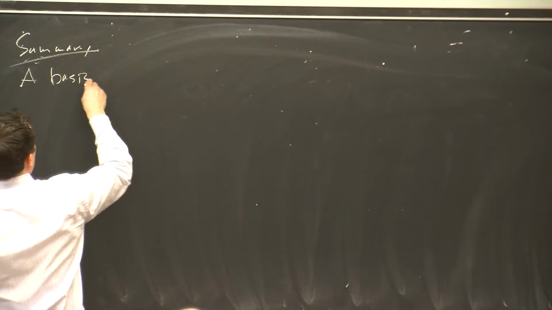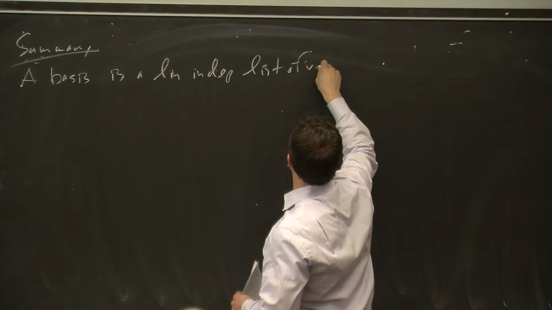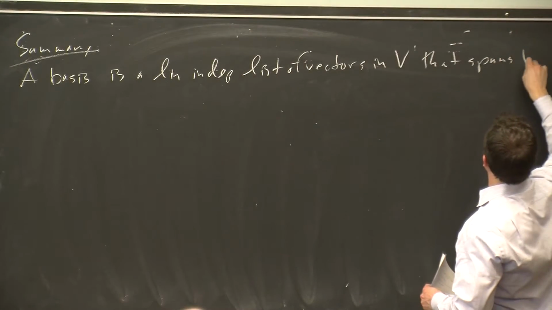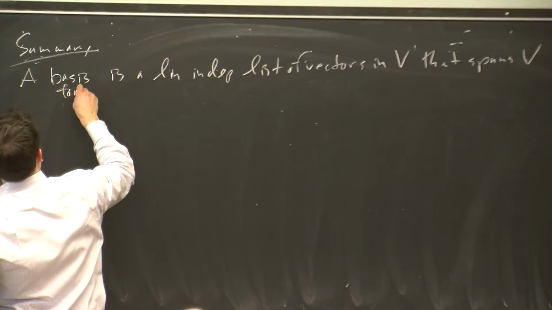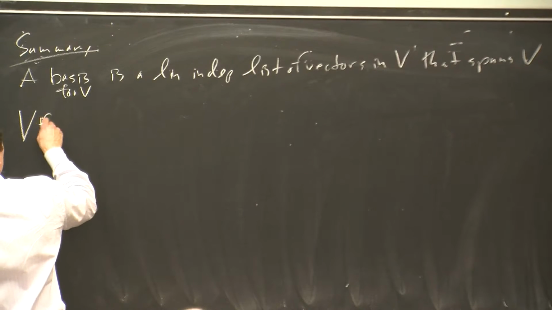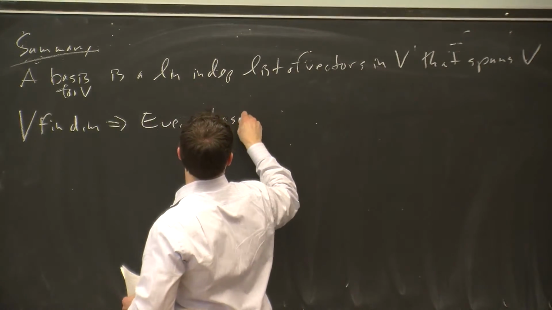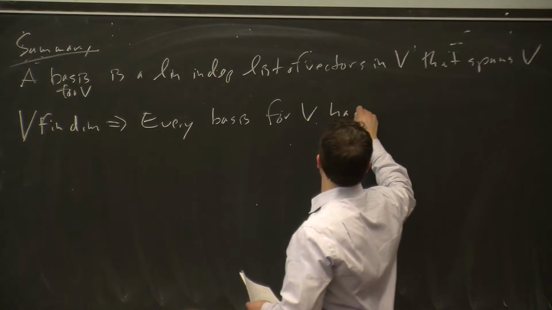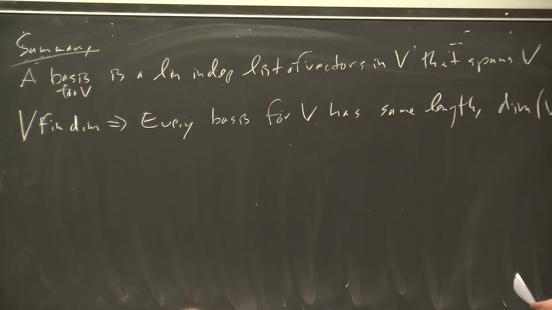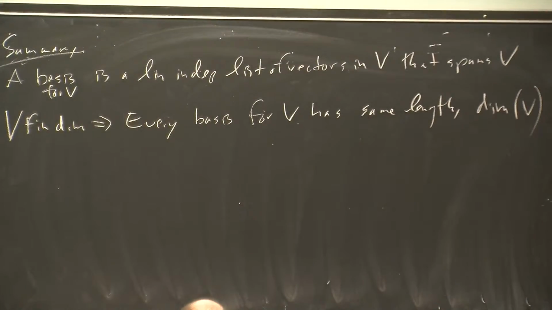A basis is a linearly independent list of vectors in V that spans V. That's a basis for V. If V is finite dimensional, every basis of V has the same length, which we call dim V. Every basis has exactly that length.